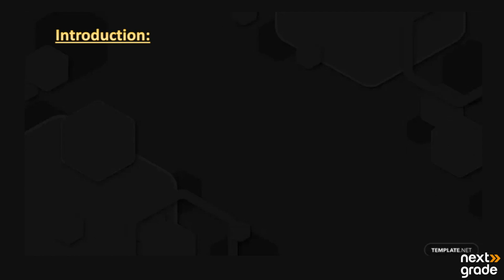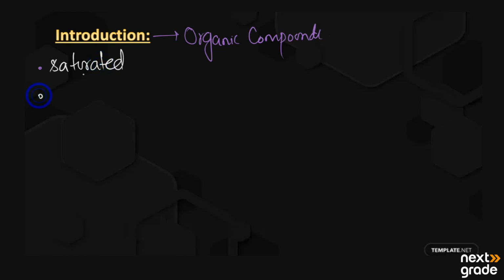Double and triple bond. When we are talking about organic chemistry, these organic compounds may be of two types. The first type is saturated organic compounds, and the second is unsaturated organic compounds.